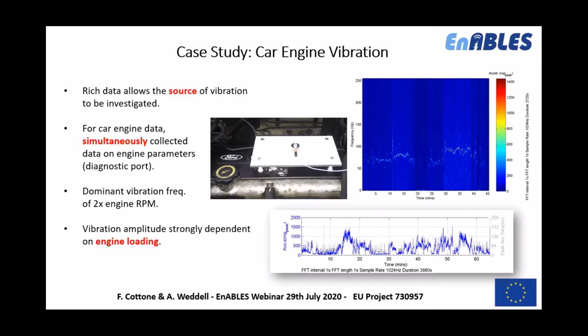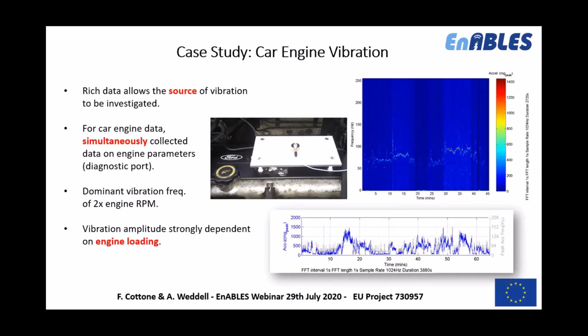At the same time as we were collecting vibration data from the engine, we were also logging the engine parameters, things like the engine load and the RPM values, so that we could then look back at the data and see what contributes to vibration and in what conditions vibration is most significant.